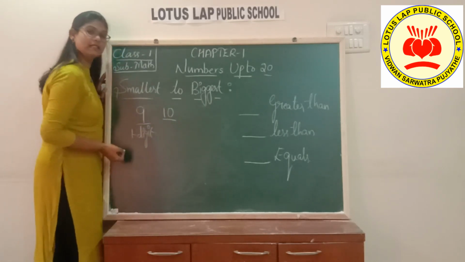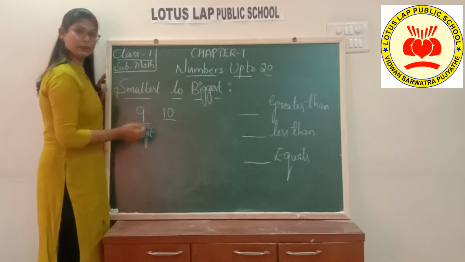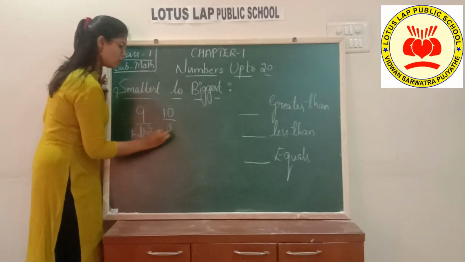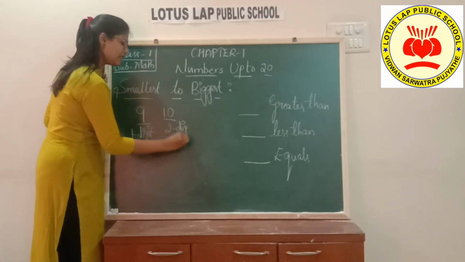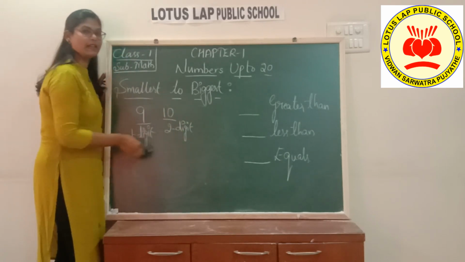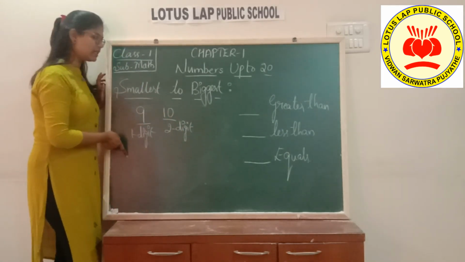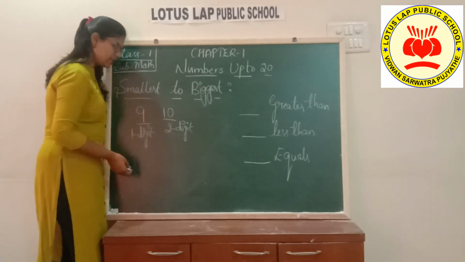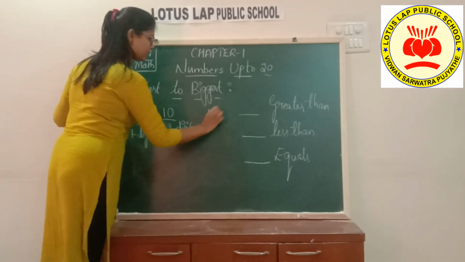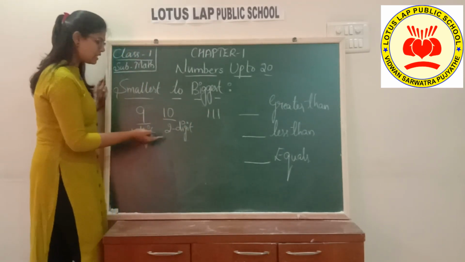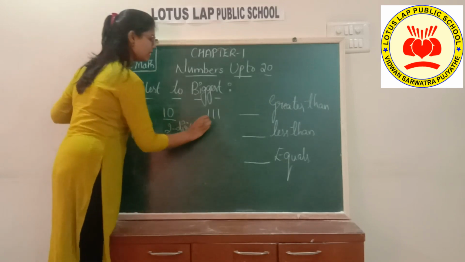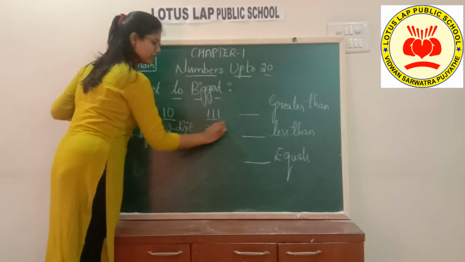Here in 10, 1, 0, 2 digits we have. So, obviously, one digit is smaller than 2 digits. If I take here 3 digits, obviously 2 digit will be smaller than 3 digit.